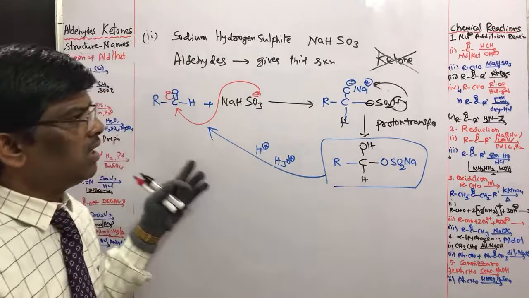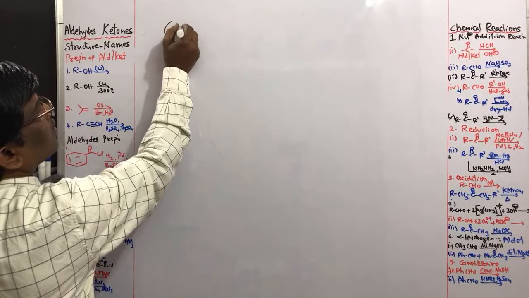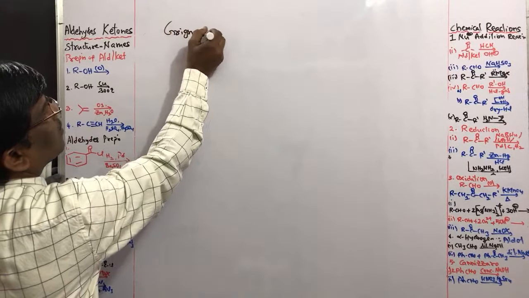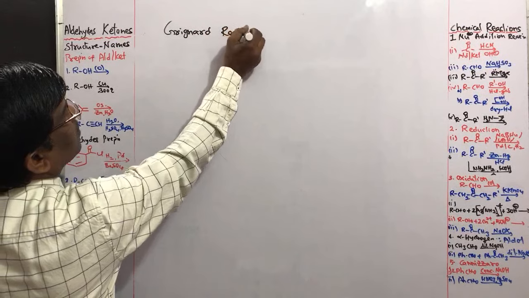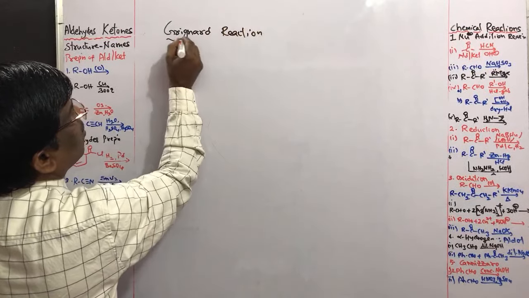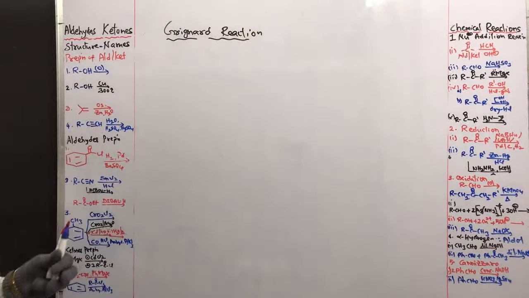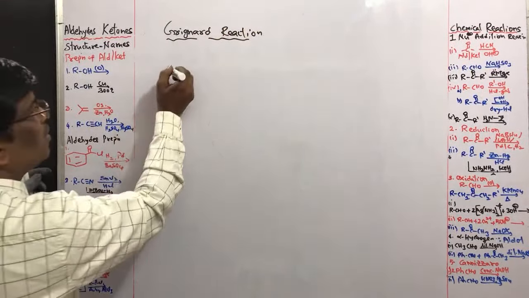Let us take a very important reaction. Grignard reaction is very important, students. So, if I take aldehyde, Grignard reaction, what is the Grignard reagent? Alkyl or aryl magnesium halide. How to prepare this?